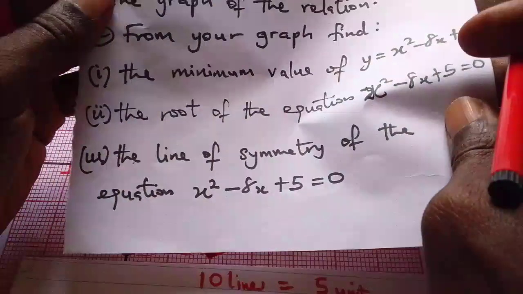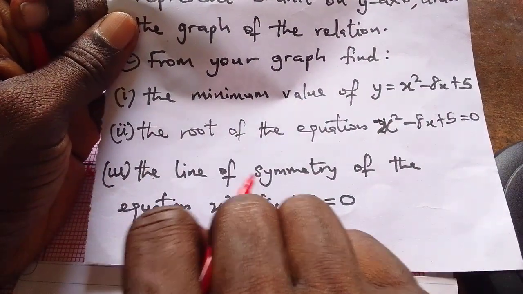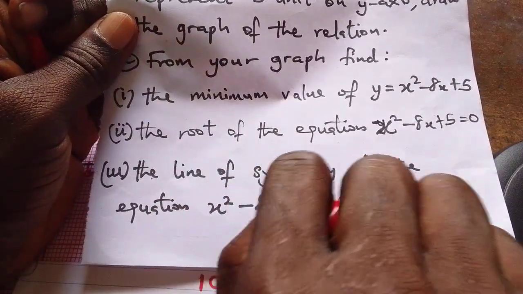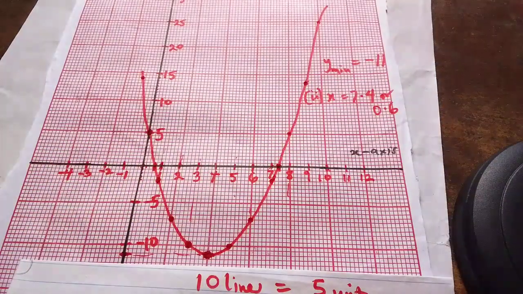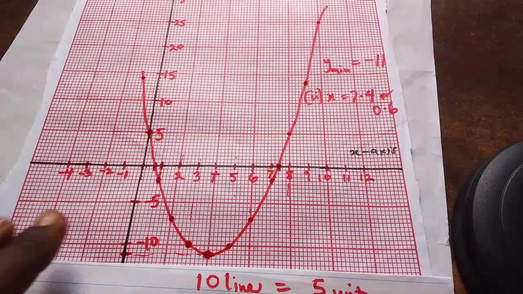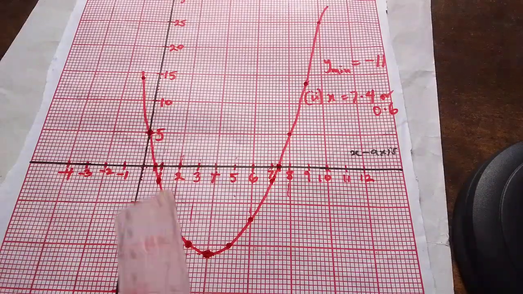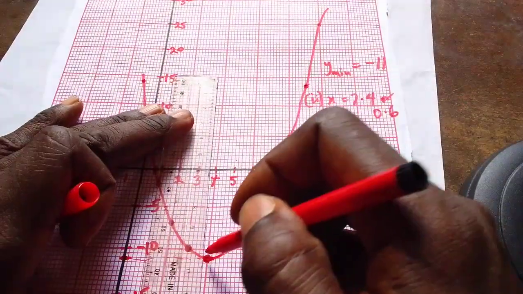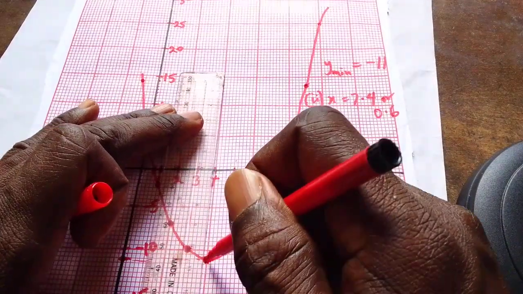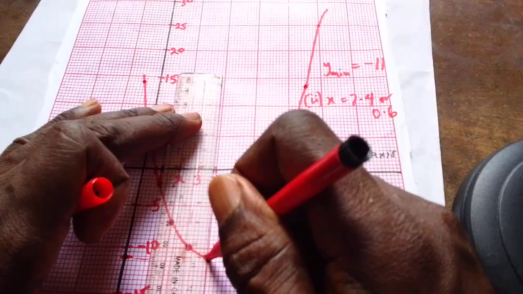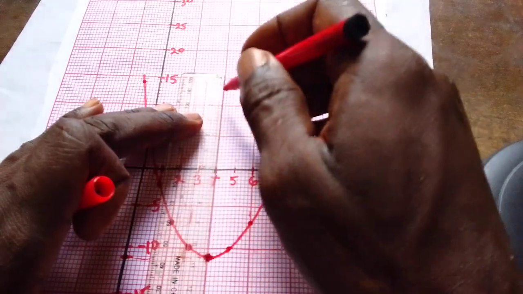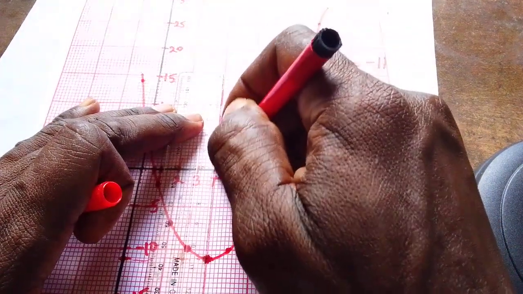Then they now tell us to find the line of symmetry of the equation. When you talk of the line of symmetry, it is the line that will divide the graph into two equal halves. You are going to find it at the peak point here, the minimum value, the straight line that will divide it into two equal halves.